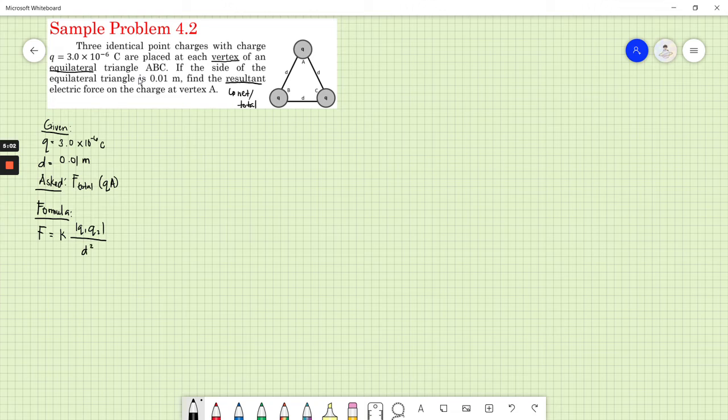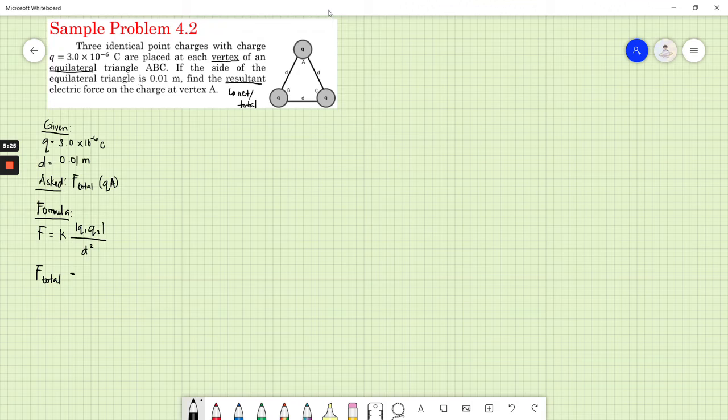Moreover, ang hinahanap din natin is F total. We're also looking for the total force that QA experiences because of QB and QC. In order for us to do that, we just have to add the vector sum of the forces that QB and QC exert on QA.